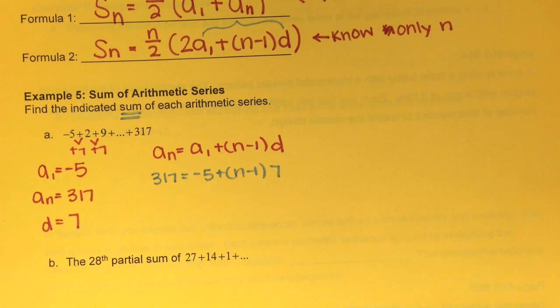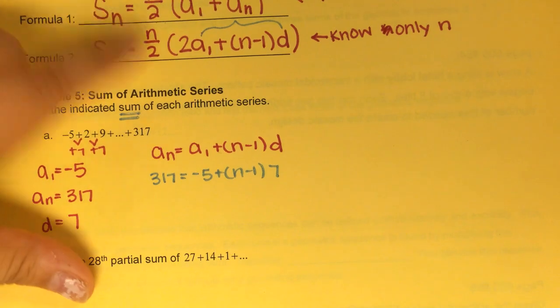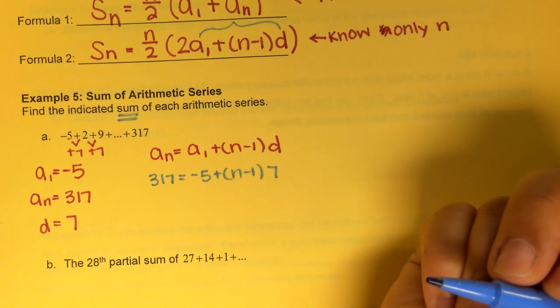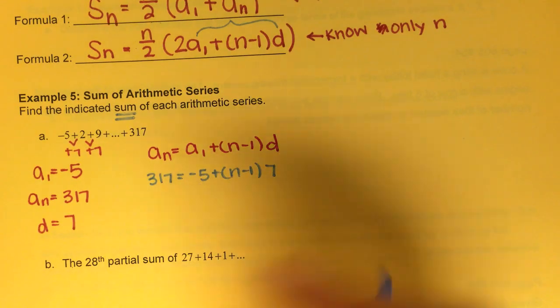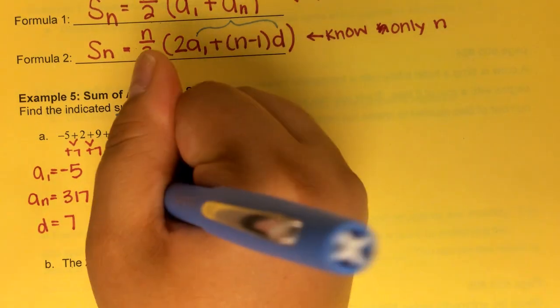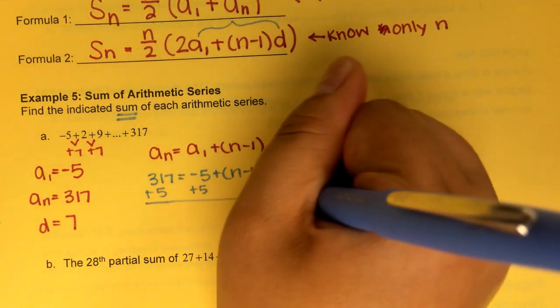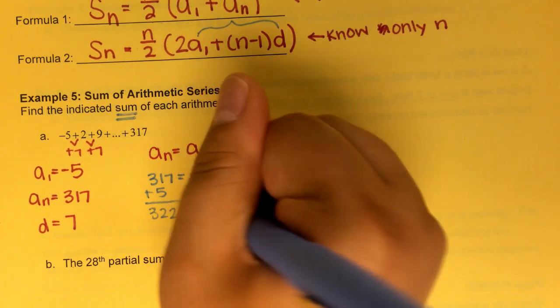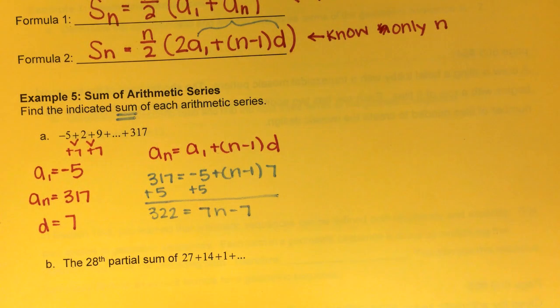So if you know A of N, you can use either one of these, honestly. Do you agree I can add 5 right here? Are y'all okay with what I just did?